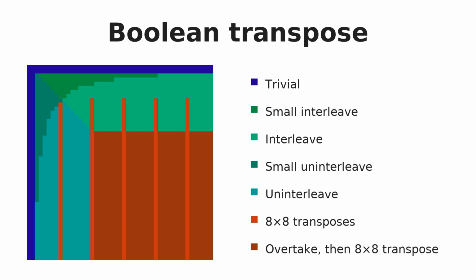So now the cases here, this blue at the top and the left, those are the trivial cases. Those are the cases where you don't actually have to do anything. Transposing a 0 by n, an n by 0 matrix, obviously, there's no data to transpose. You just write the shape and then you're done.